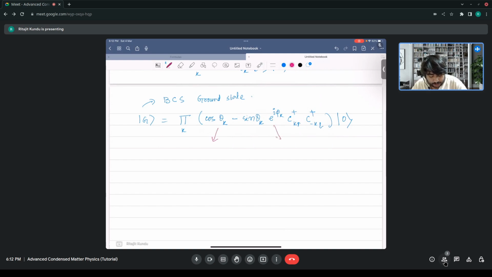This term dictates the probability of double occupancy, because this is precisely the pair creation operator, and so this first term tells you that probability. If you take the mod square, then only it is the probability of zero occupancy.